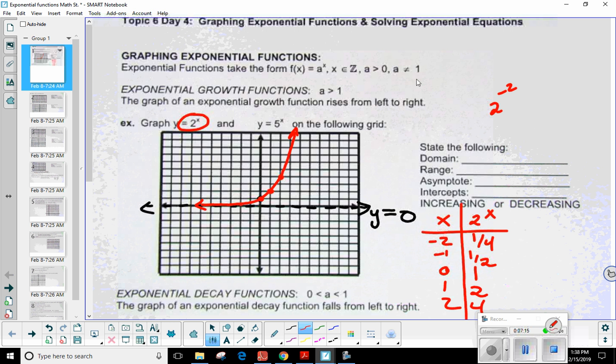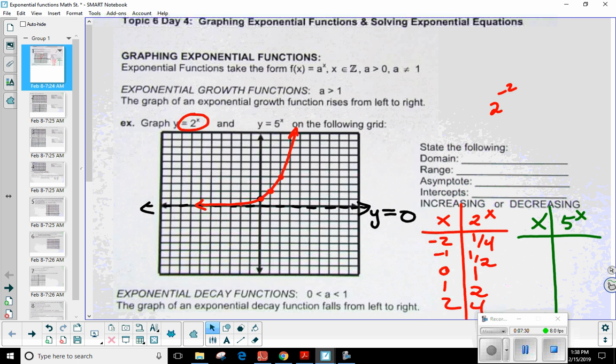Okay, so this is 2 to the x. So I'm going to go ahead and do the other one. Let's choose, say, green. Okay. 5 to the x. Let's do the exact same span. So -2, -1, 0, 1, 2.